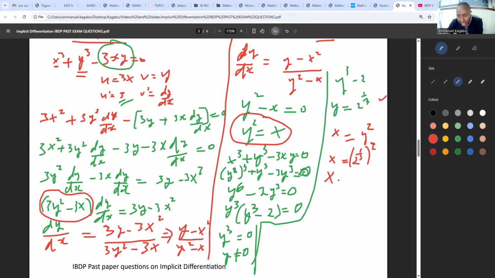Now, what's the value of x, guys? The value of x is going to be 2 power 2 over 3. Done. We are finished. You can just go on and write x equals cube root of 2, all of this power 2, which basically could be cube root of 4.